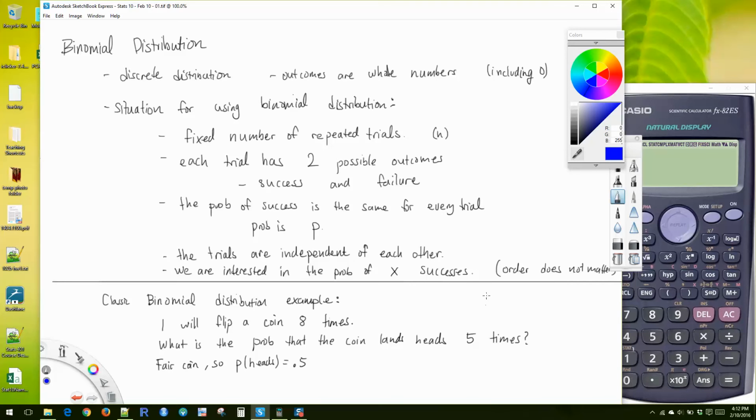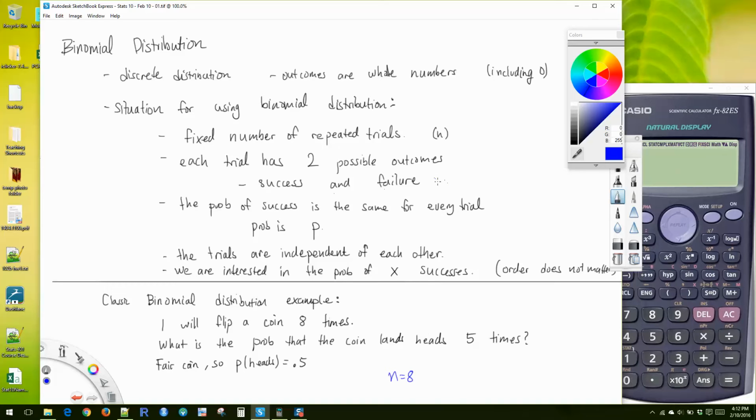So in this problem, let's make sure that the situation for binomial distribution applies. A fixed number of repeated trials? Yes, we're flipping a coin 8 times, so n is equal to 8. Each trial has 2 possible outcomes? The question is, what is the probability that the coin lands heads? So every trial has only 2 possible outcomes. It either landed heads or it did not land heads, and that encompasses every situation where it did not land heads.